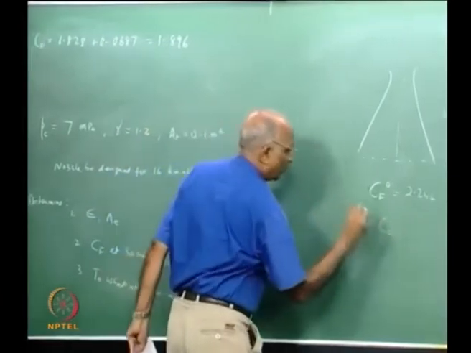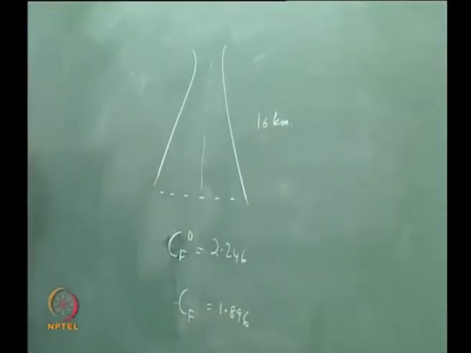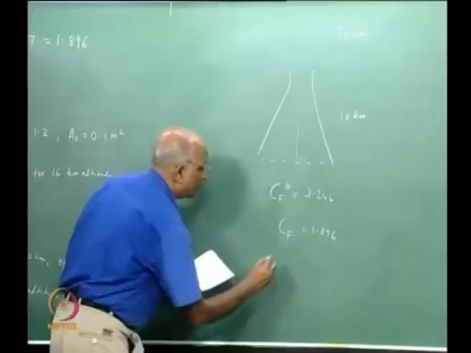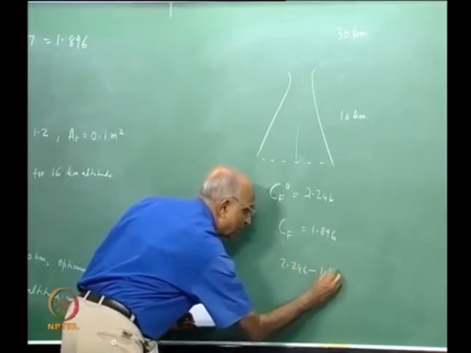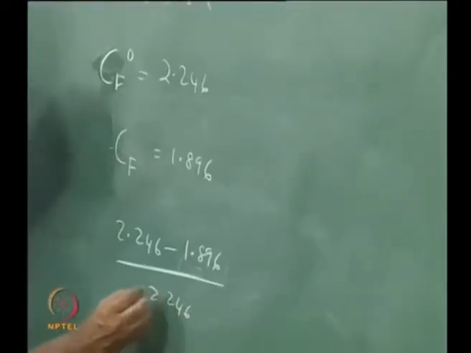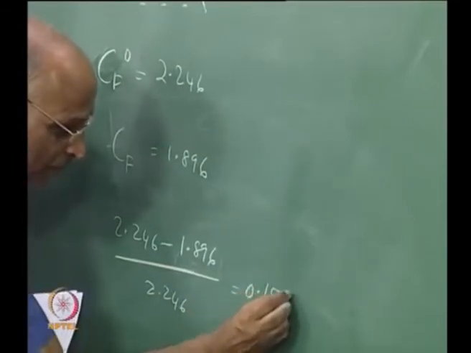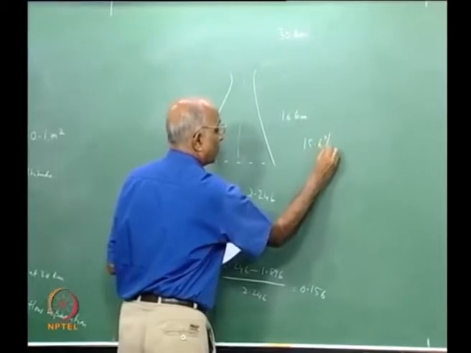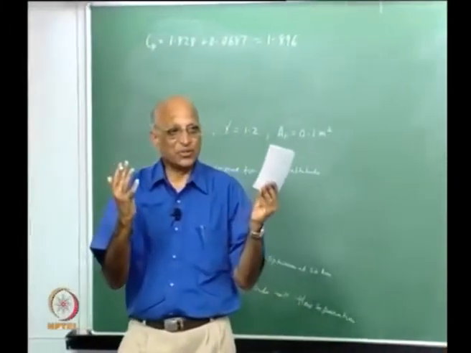I get the total number as 1.896, and therefore I can tell that the percentage reduction from optimum is equal to 2.246 minus 1.896 divided by 2.246. In other words, I have something like 0.156, or something like 15.6% reduction from the optimum.